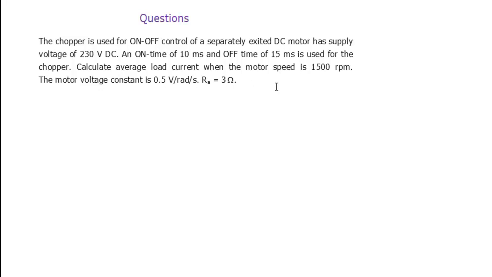Okay, so now again it is a motor application. As we discussed in case of rectifiers, we discussed 3 equations with respect to the motor. One is the output voltage or armature voltage, which is a function of the rectifier or chopper, whichever the circuit. Here chopper means it is a function of duty ratio.